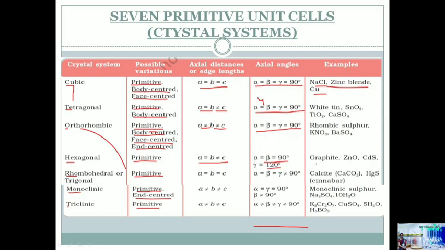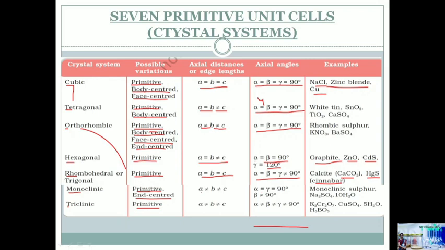And examples are graphite, zinc oxide and cadmium sulfide. Then rhombohedral, A, B, C all are equal and alpha, beta, gamma all are equal but not equal to 90 degrees. And examples are calcite, that is calcium carbonate, and HgS, that is cinnabar.